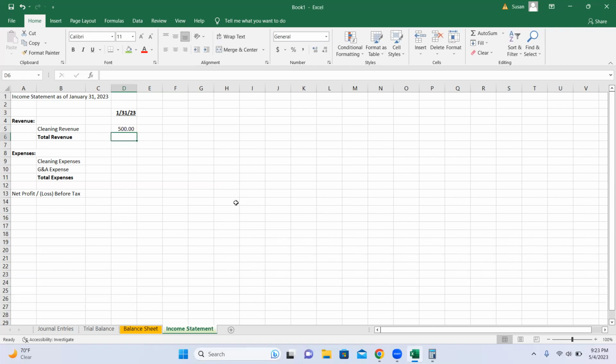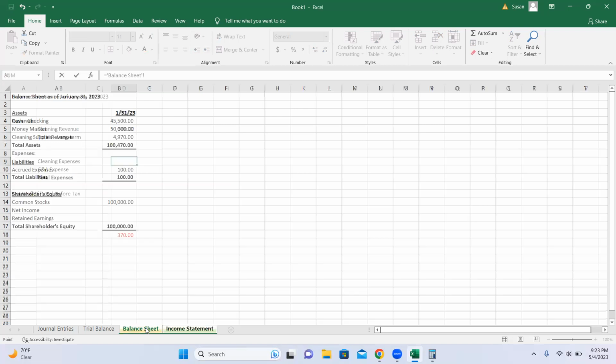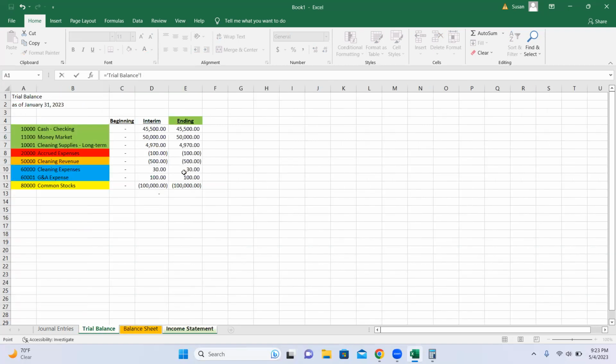And expenses are debits, and it's a positive number. So then for our expenses, we have our cleaning expense, and they are interim activities.